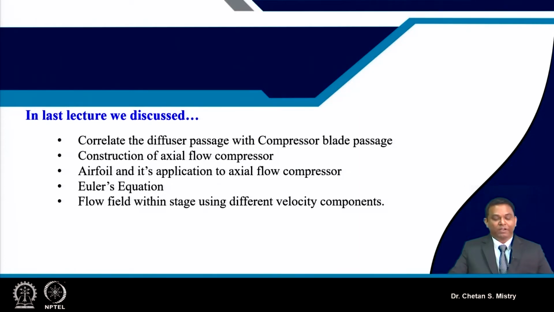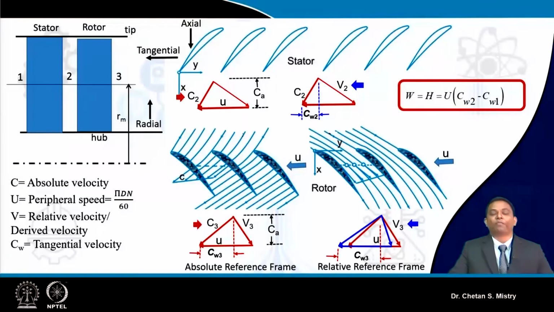Then we were discussing Euler's equation and its application. Finally we ended up with our flow field, which we discussed within our stage at a particular station using our velocity triangle. Now we are aware of the different velocity components.